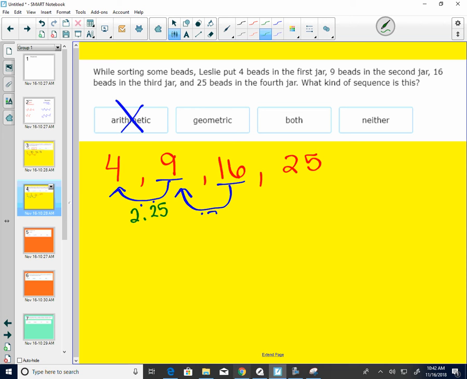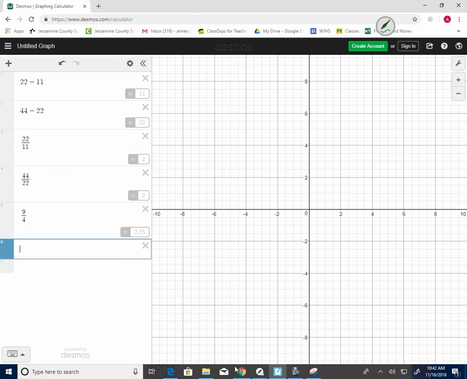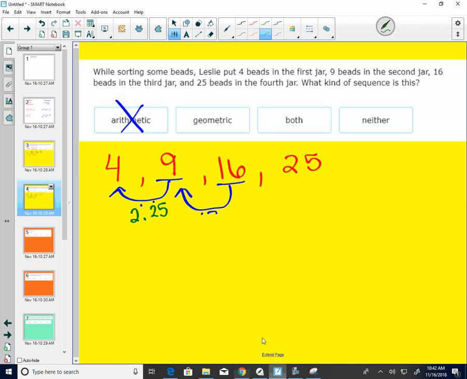And let's do 16 divided by 9. That works out to be 1.7 repeating. So that means it's not geometric. Well, if it's not arithmetic or geometric, it can't be both. So it has to be neither.